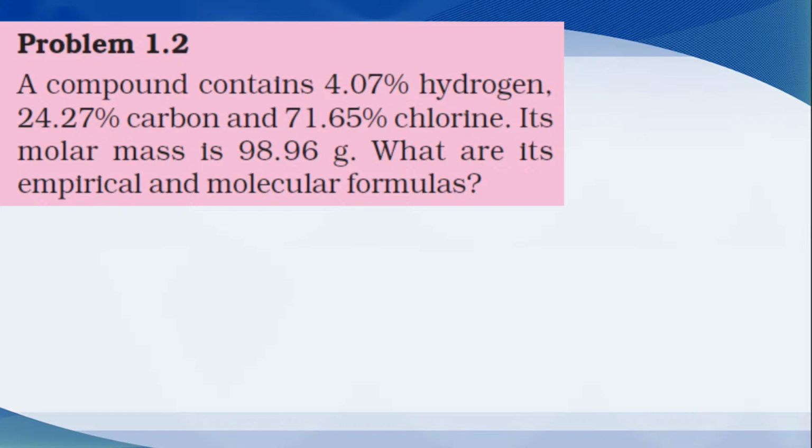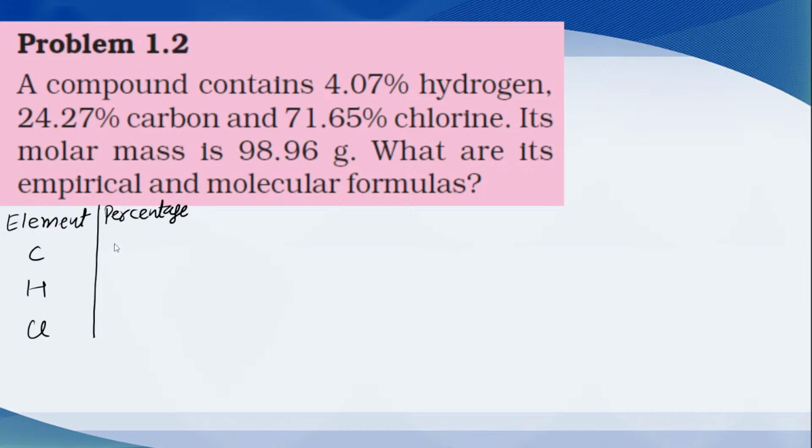So see, in this case, a compound contains carbon, hydrogen and chlorine. First of all, you have to calculate the empirical formula. Just write the elements first: carbon, hydrogen and chlorine. Then the percentage.